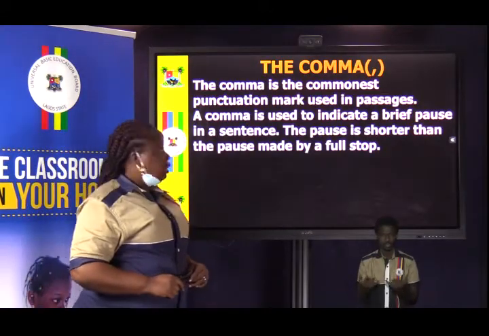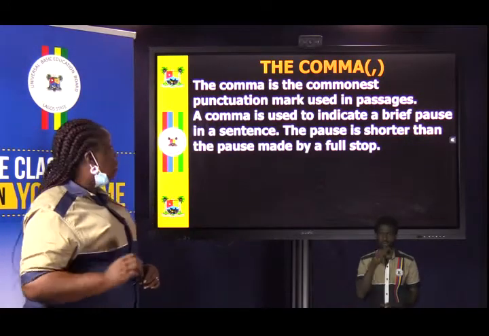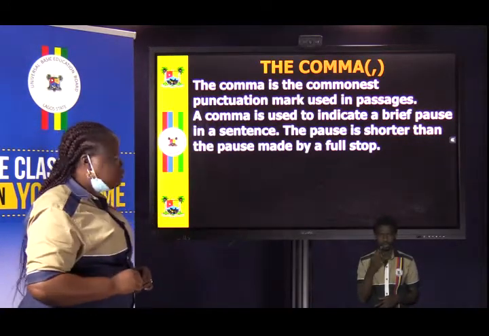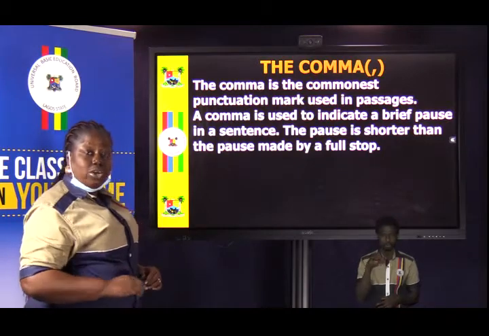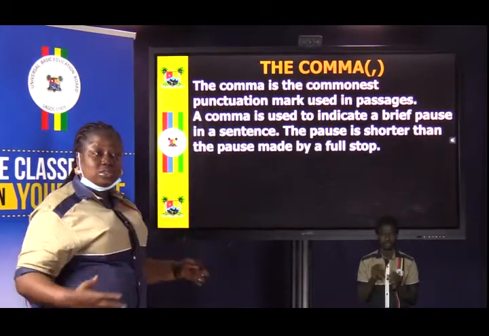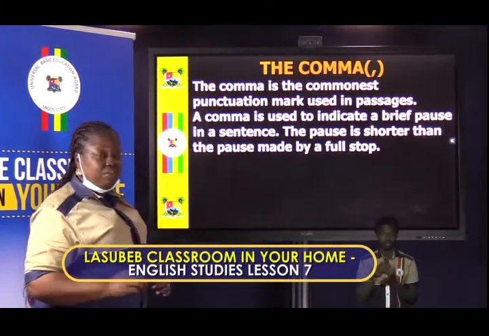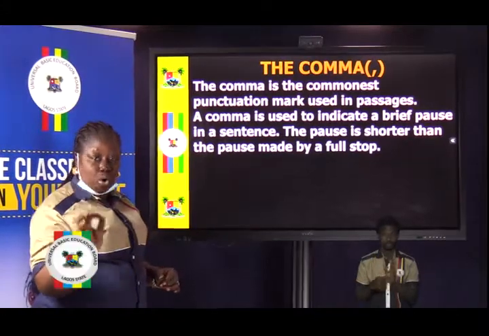Now, the comma. The comma is the commonest punctuation mark used in passages. In the passages you come across, you see that commas are often used. A comma is used to indicate a brief pause.